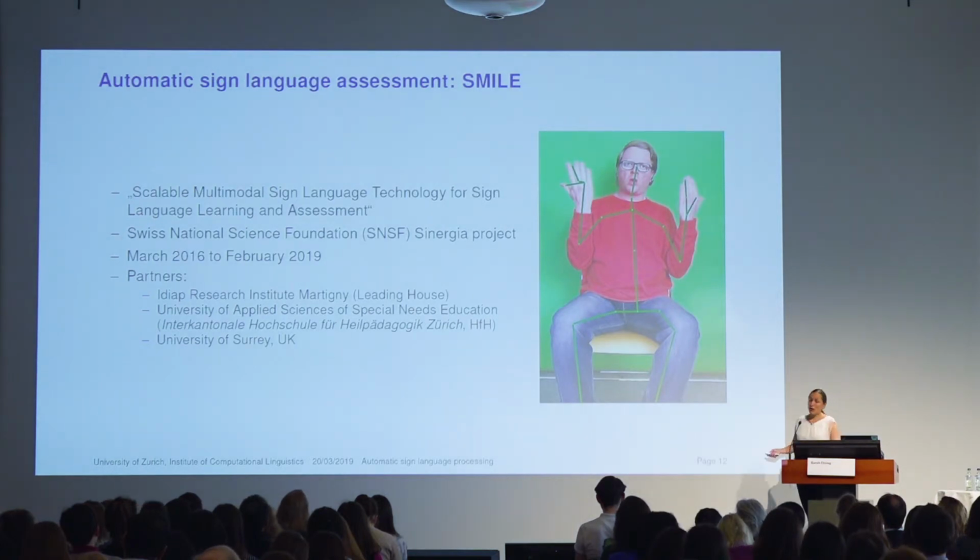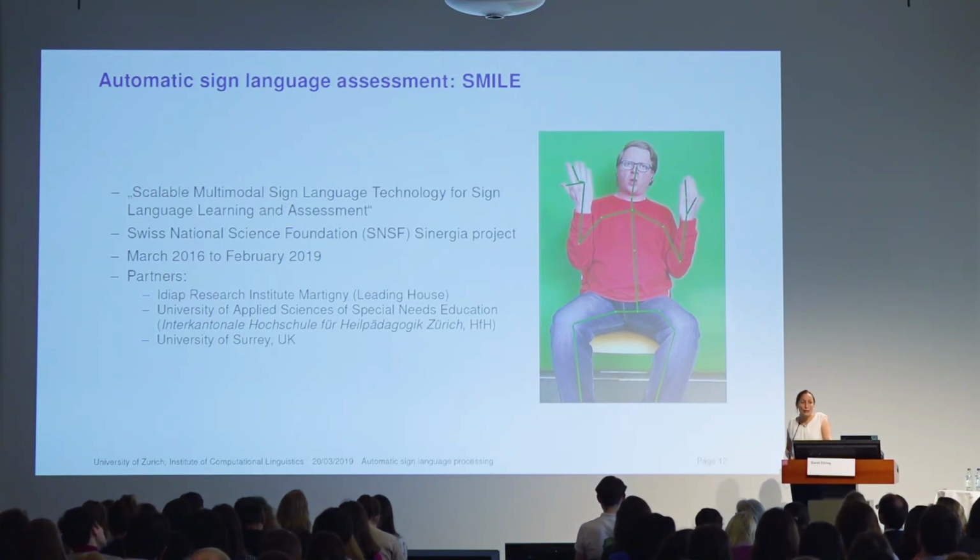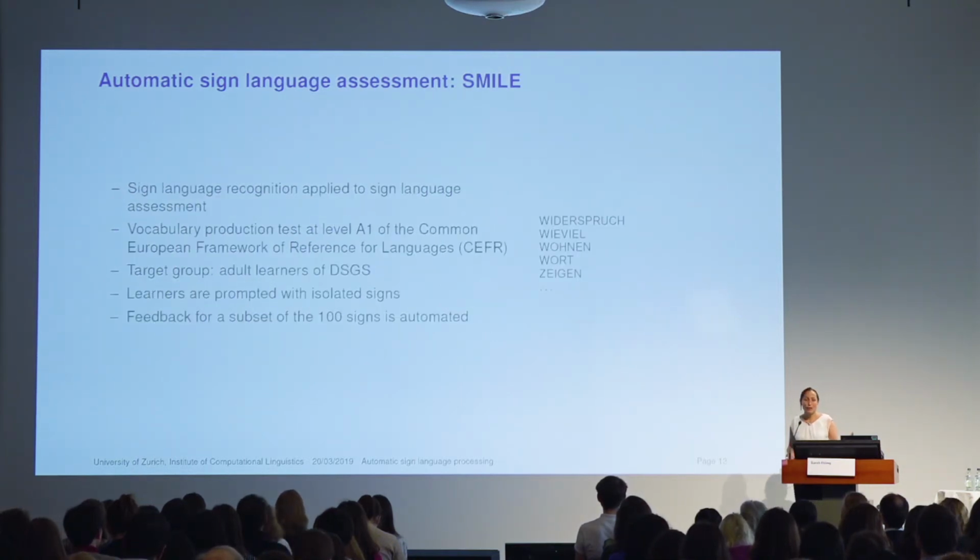I want to briefly talk about another project that I'm involved in, which has to do with language assessment and sign language recognition. This is a Swiss National Science Foundation Synergia project. It's actually almost finished. We got a small extension and are in the process of wrapping things up.